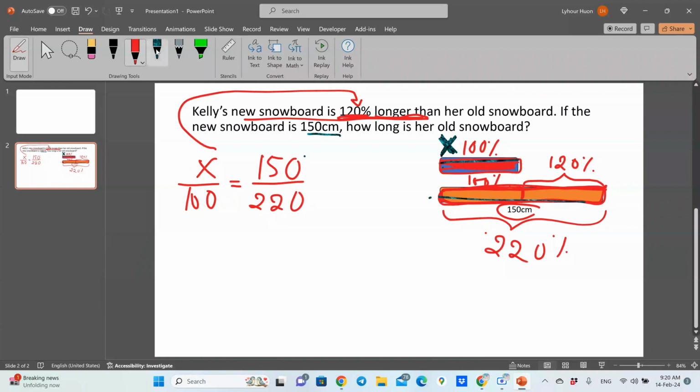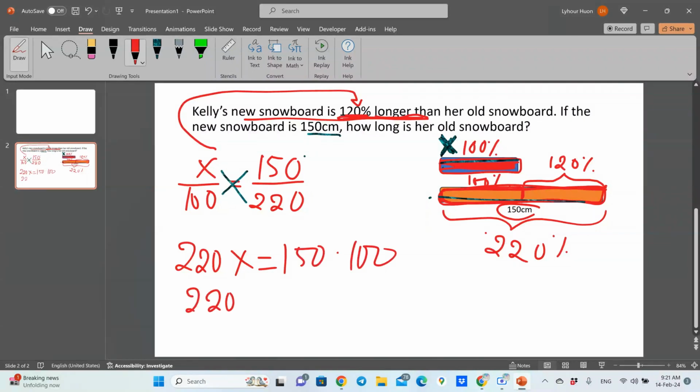Do you remember how we cross multiplied? Yes, cross multiplication. So 220x goes to 150 multiplied by 100. So 220x equals this times together. What is 150 times 100?